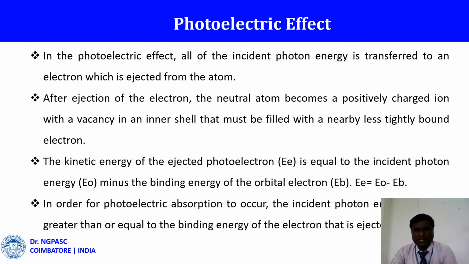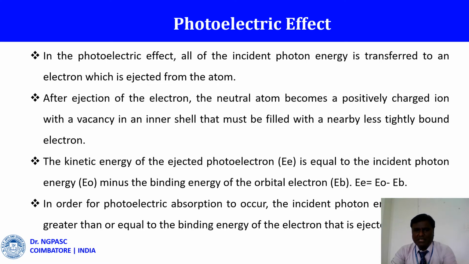The photoelectric effect mainly occurs with tightly bound K-shell electrons. When the incident photon interacts with a K-shell electron, all of its energy is transferred to the electron, which is ejected from the atom. After ejection, the neutral atom becomes a positively charged ion with a vacancy in an inner shell that must be filled by a nearby less tightly bound electron.